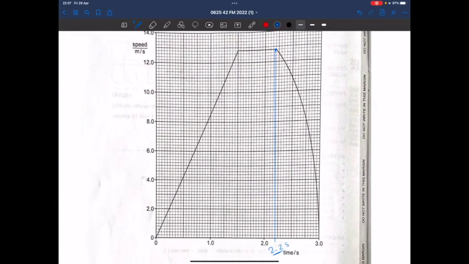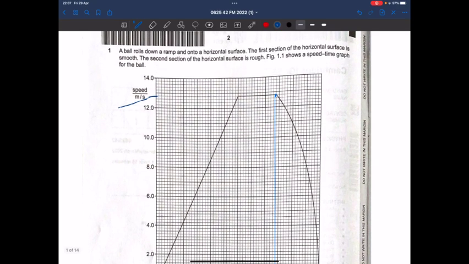For the first part of the graph, I can take the reading here for the maximum triangle that we have. It seems like 13, and this is 12.8.